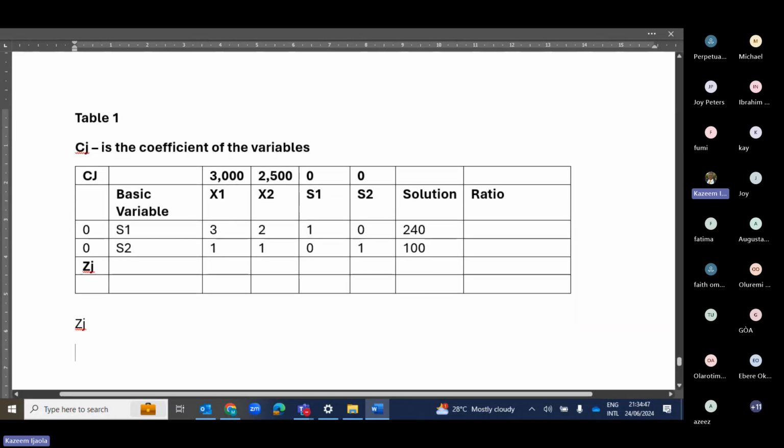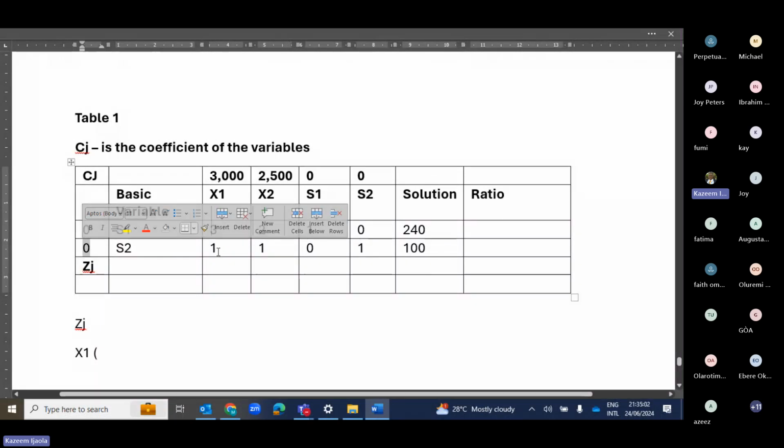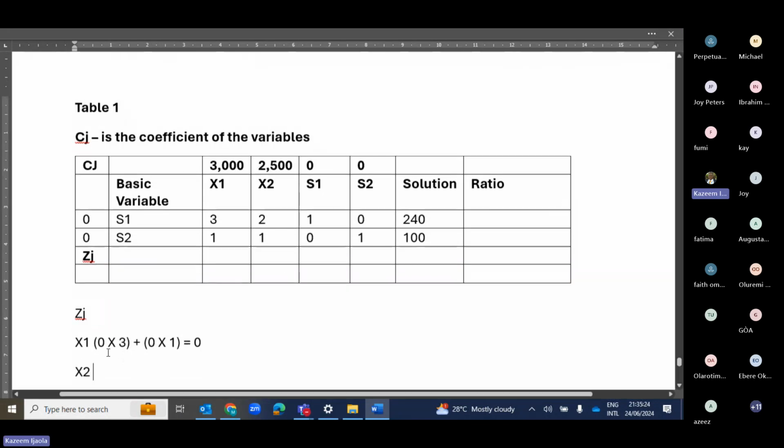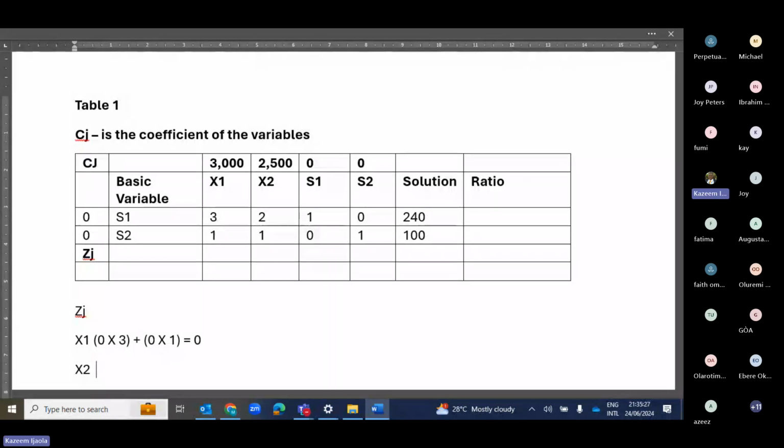For X1, my ZJ is: this 0 multiplied by 3 plus this 0 for S2 multiplied by 1. So it will be 0 times 3 plus 0 times 1, and everything will be 0. For X2, it will be 0 times 2 plus 0 times 1, so it will be 0.